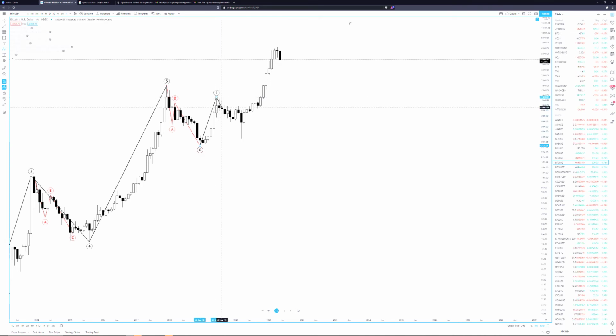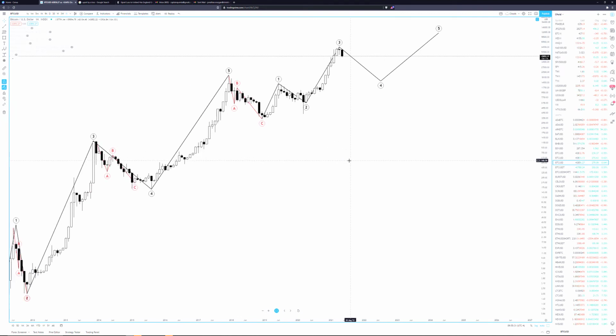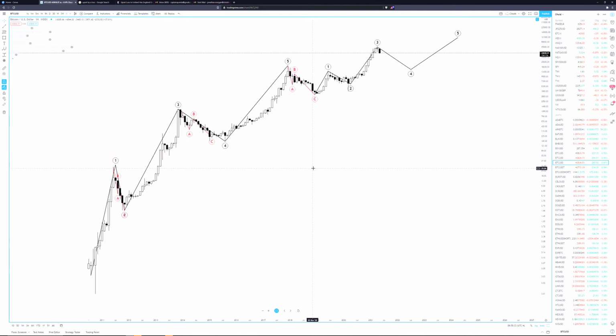Boom, boom. Brought us down here in 2020 to our COVID low. And now we are up somewhere around here where our third leg is ending. Where we go with the fourth, I don't know. Where we go with the fifth, we don't know. But we can project. All right.